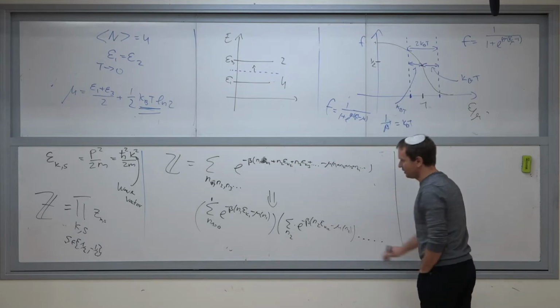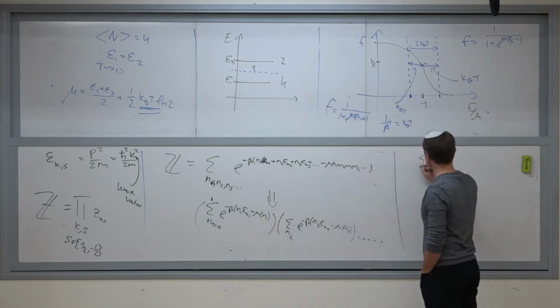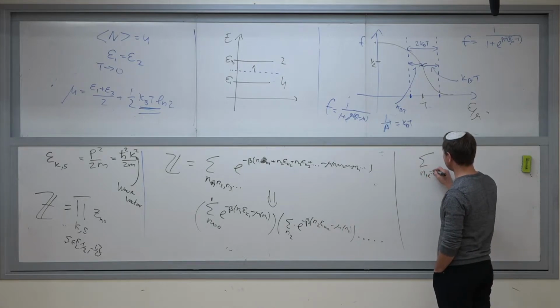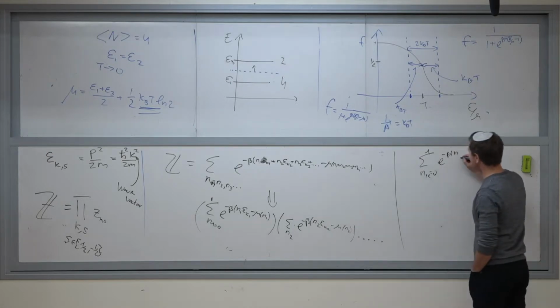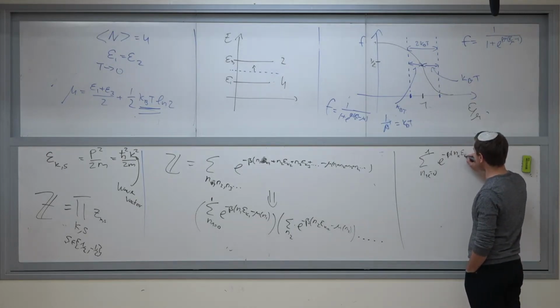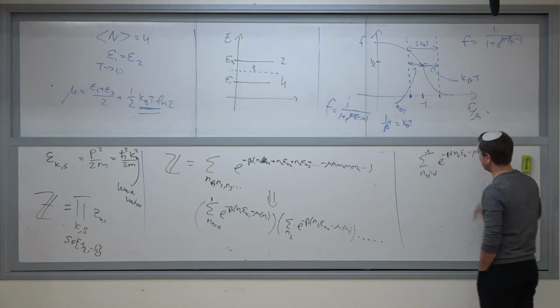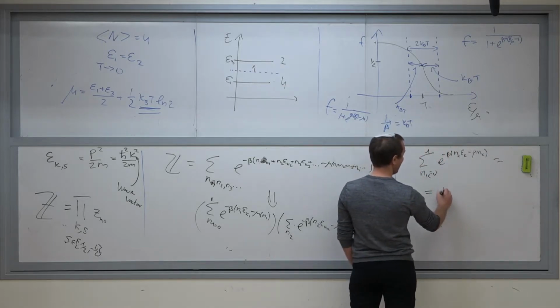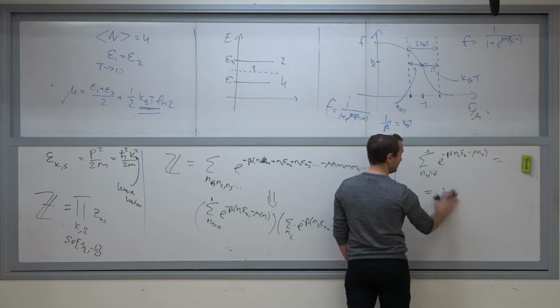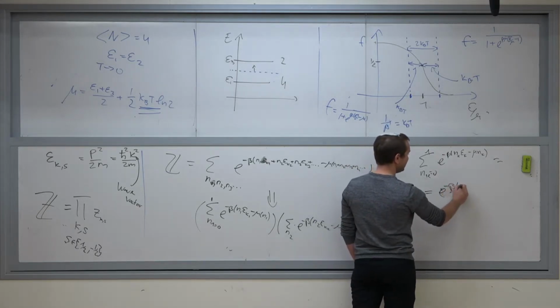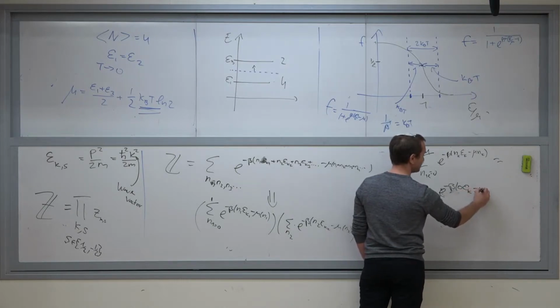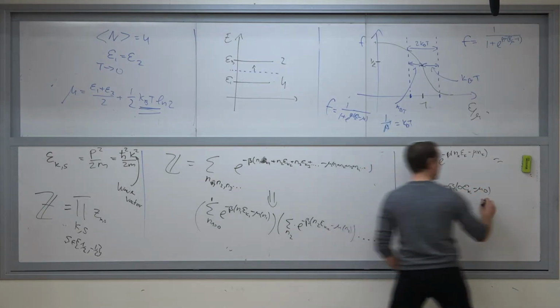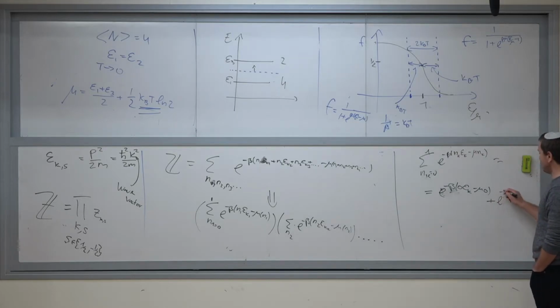So we can describe this: n_k goes from 0 to 1, e to the power of minus beta n_k (epsilon_k minus mu). It simply equals 1 plus e to the minus beta epsilon_k minus mu, because for n_k equals 0 the term is e to the minus beta times epsilon times 0 minus mu times 0, which is 1.